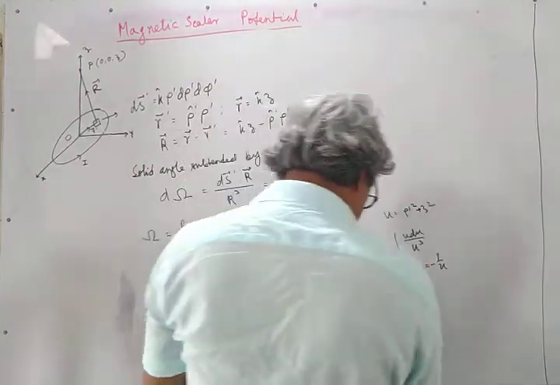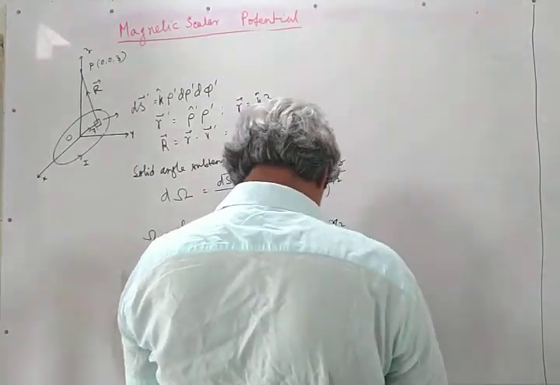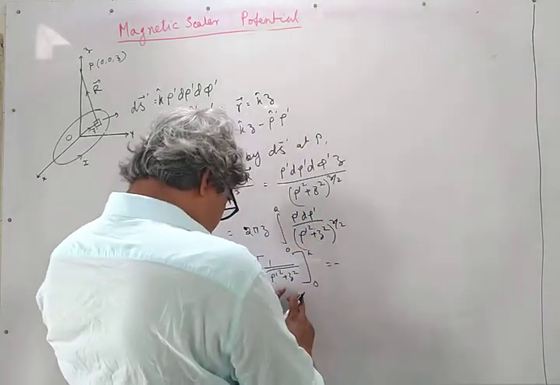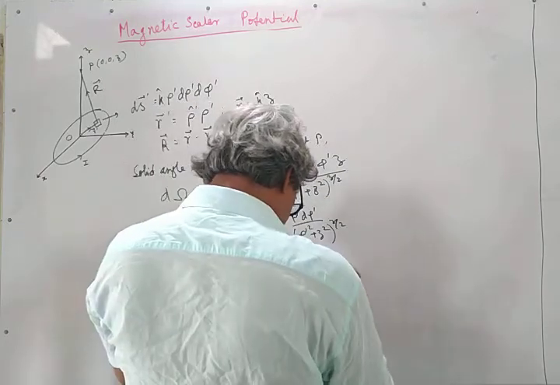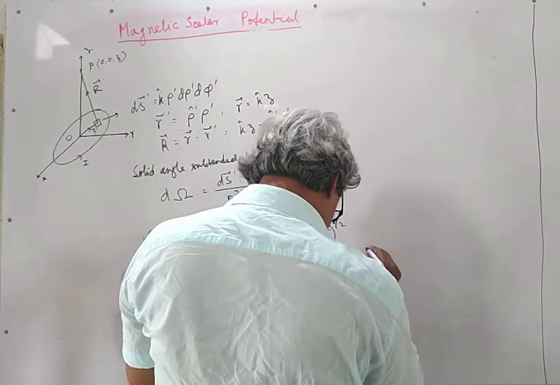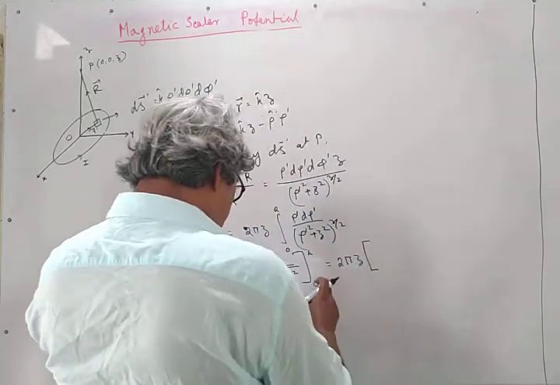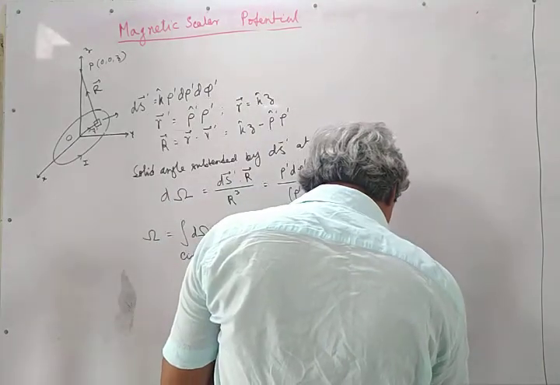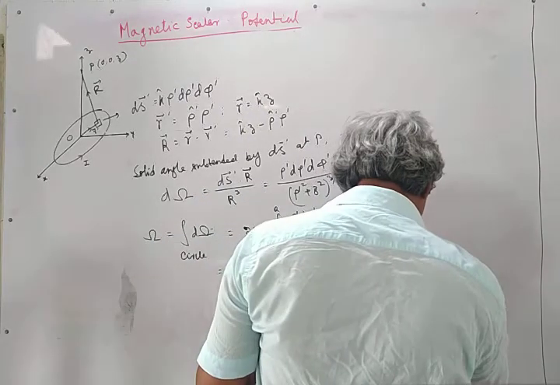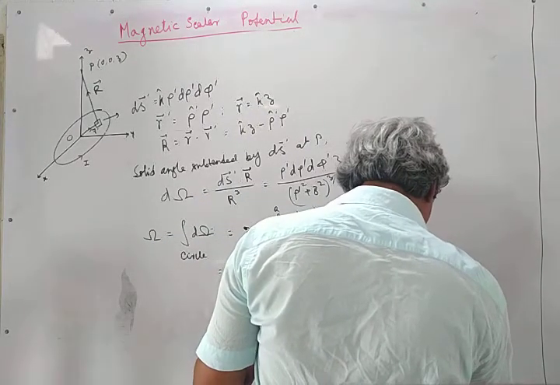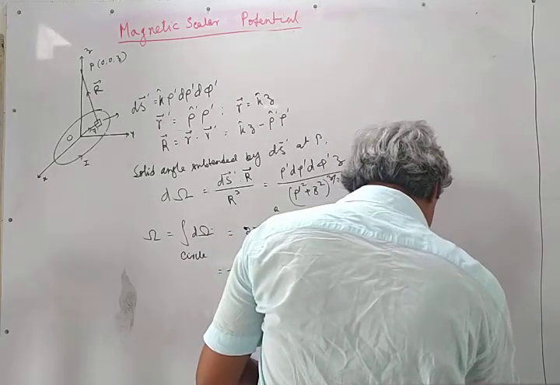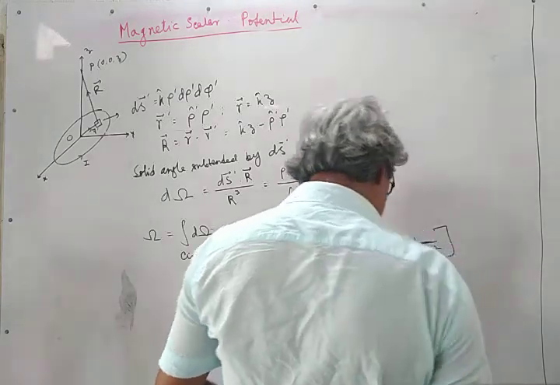So the result is, if we use the lower limit first, then it is 1 by mod z minus 1 over a square plus z square to the power half.